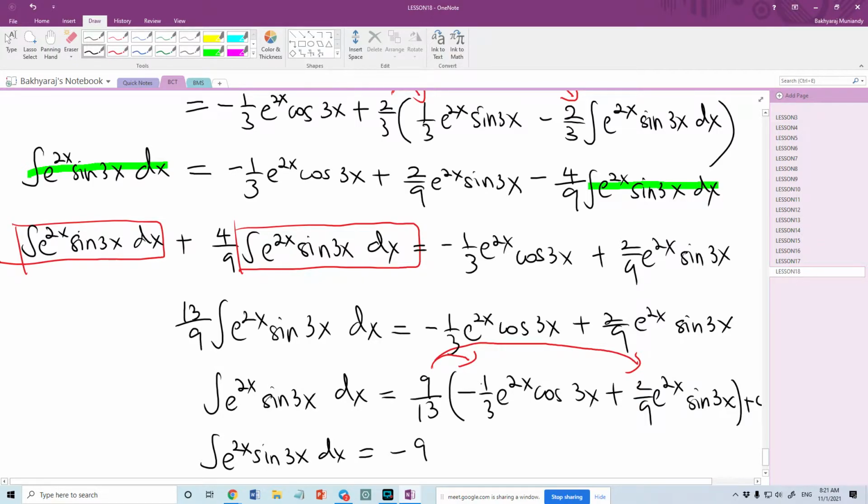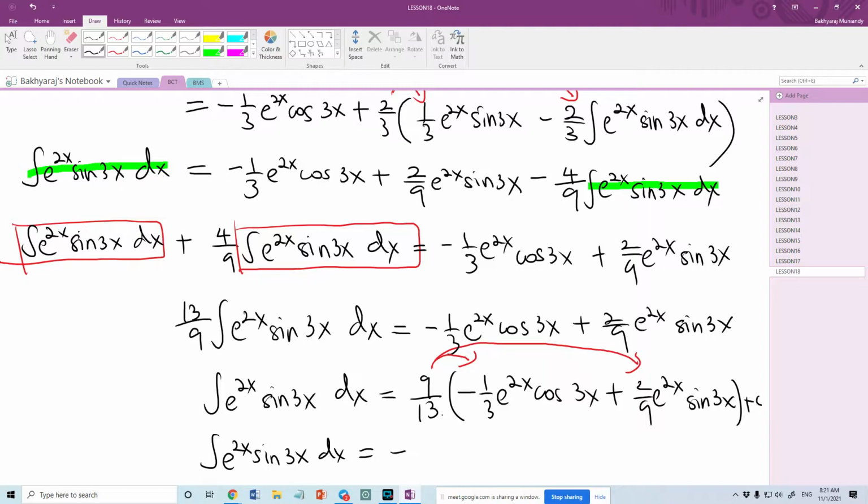I think I can cancel, right? Okay, ini guna calculator lah. 9 over 13 times negative 1 over 3, I think you get negative 3 over 13.